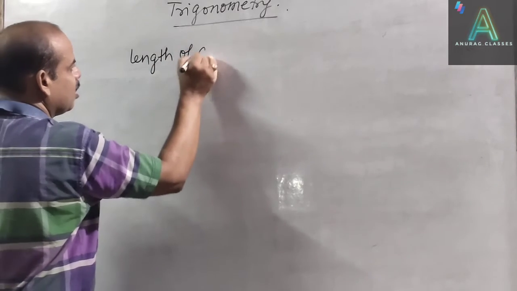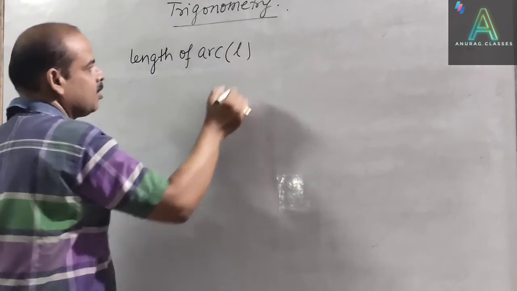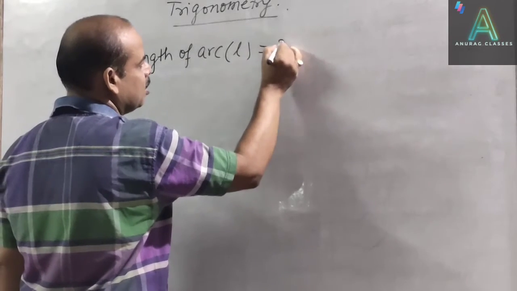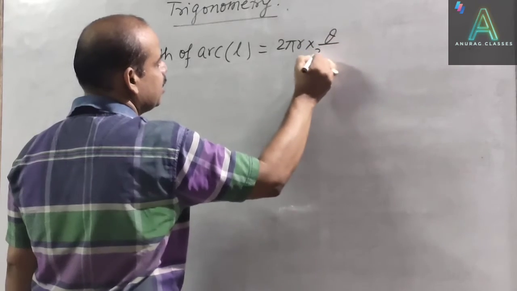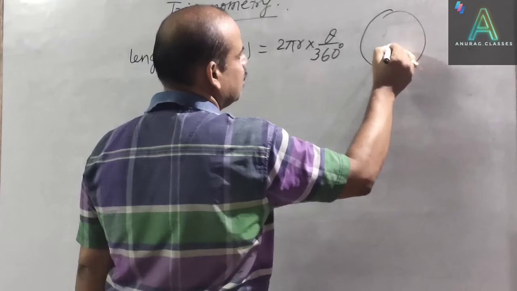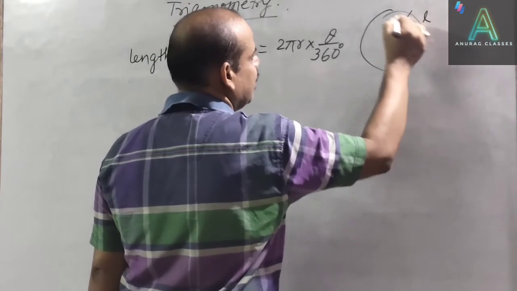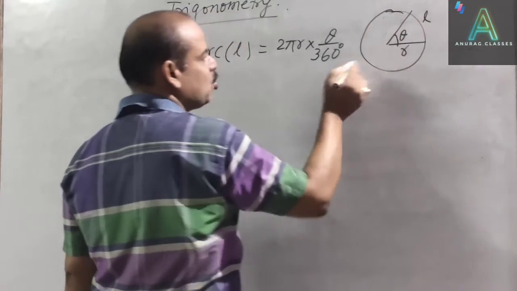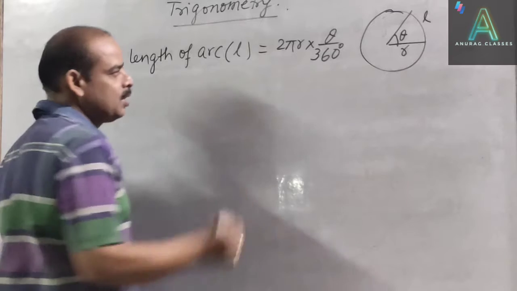Length of arc, I call it the length as L. You have read the formula. Length of arc is equal to 2 pi r into theta by 360. You can remember it by this figure. Radius is r and angle theta, length L. The length of arc L is given by this formula, 2 pi r into theta by 360.